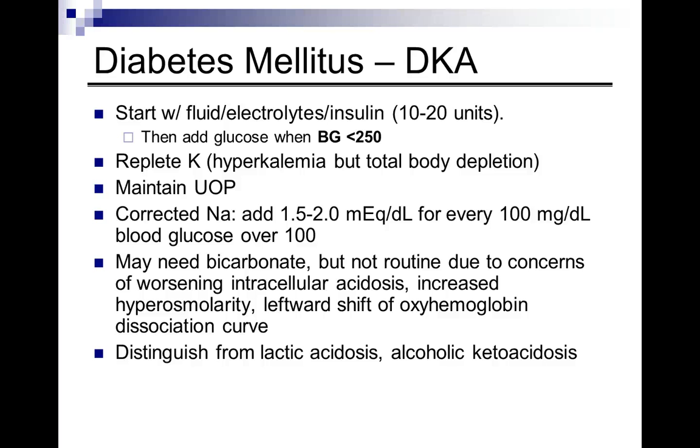Typically, bicarbonate is not given to these patients, even though they can be very acidotic, because we worry about worsening intracellular acidosis, as well as increasing their hyperosmolarity and shifting the oxyhemoglobin dissociation curve to the left. Also bear in mind that patients with DKA may have concurrent lactic or alcoholic acidosis that should be identified and treated separately.